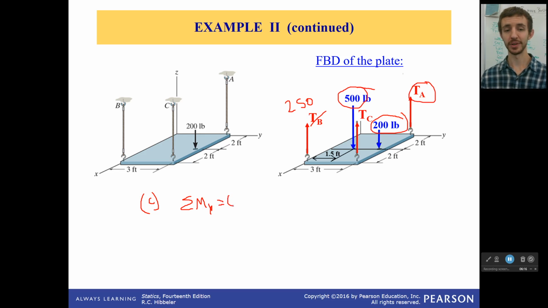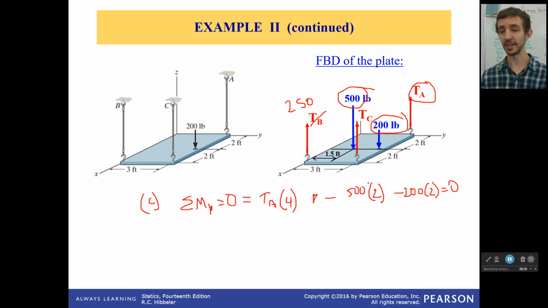So it's going to be equal to 0, which is equal to, I'm going to do TA times 4 minus 500 times 2 minus 200 times 2. It's all equal to 0.